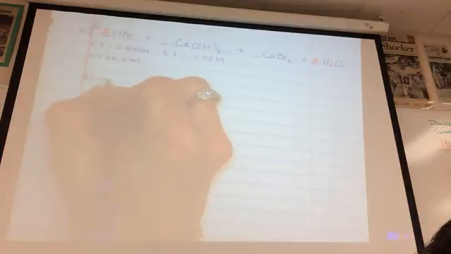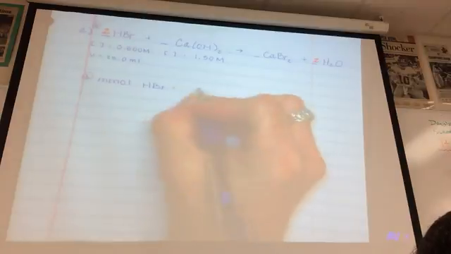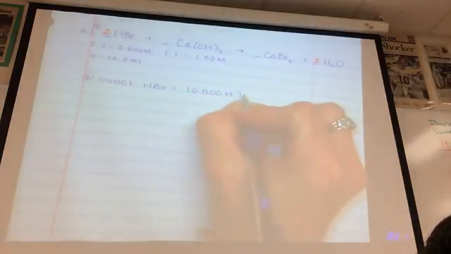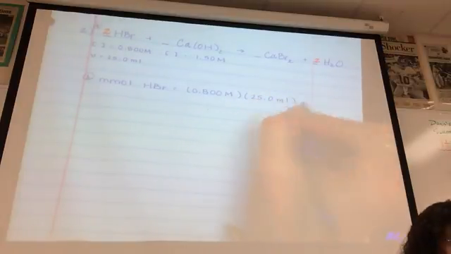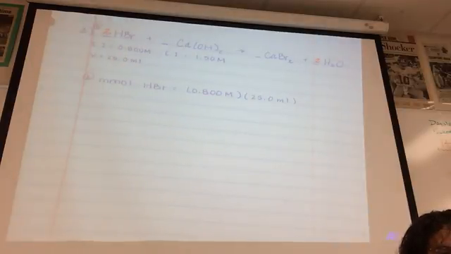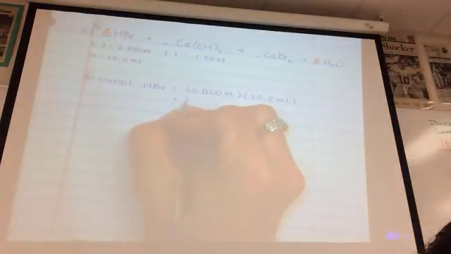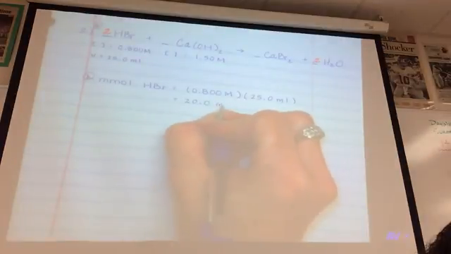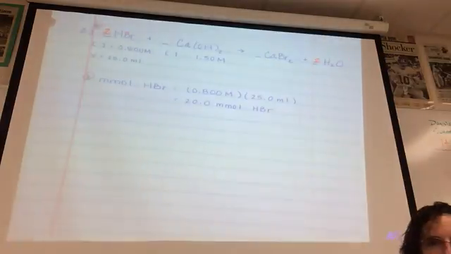So, millimoles of the acid is equal to the molarity times the volume of the acid. And that's going to be 20 millimoles of acid.